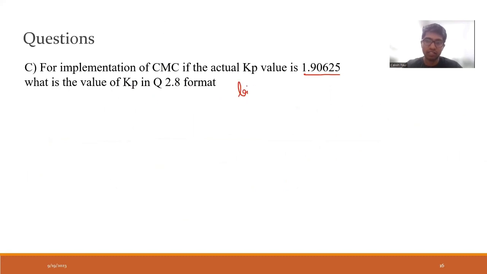What will be the binary representation of this? Earlier we had 1011 something in Q2.3 and we found the decimal value. Now we have the decimal value 1.90625, and we want to find the binary representation of it. So first, let us see how to proceed with it.